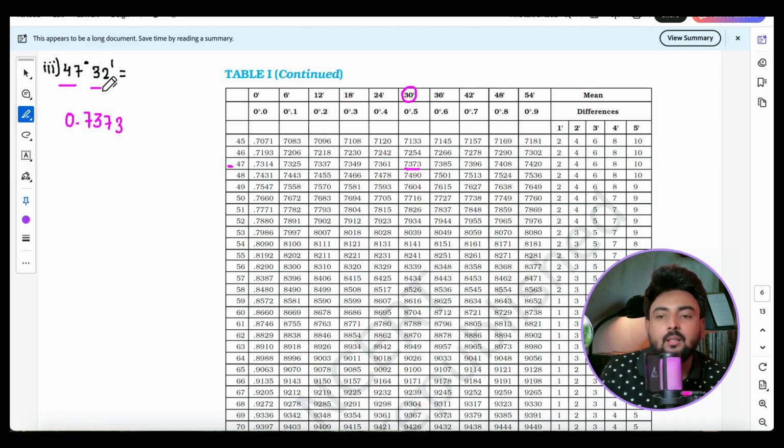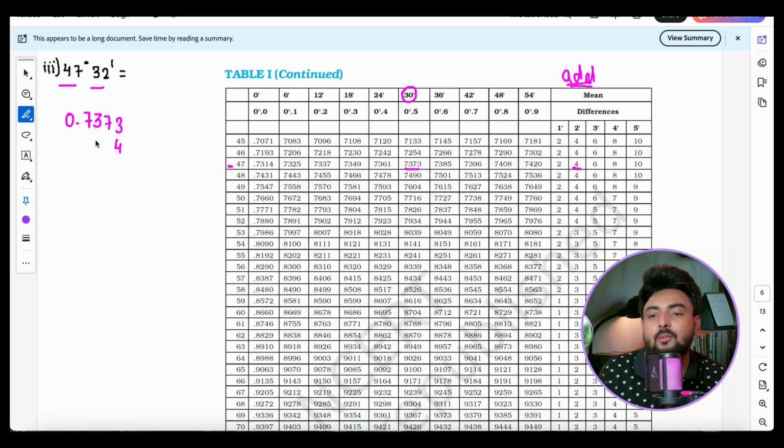Okay. Now this is for 30, but I want 32. So how to get that plus 2 value? That plus 2 value is given in the mean difference. So this plus 2 value is over here, and it is 4. Now what I told you earlier: in sine, you should add the mean difference. So I will be adding this at the last place.